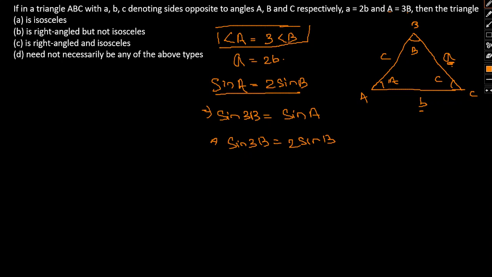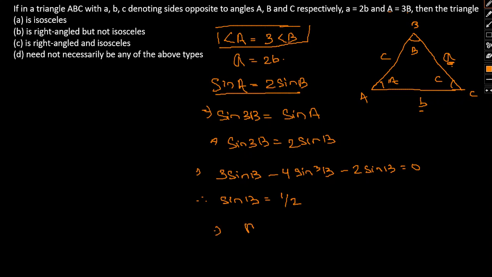Now if we further expand, we can write 3 sine B minus 4 sine cube B minus 2 sine B equal to 0. So therefore sine B will be equal to 1 by 2, that is B will be 30 degrees, A will be 90 degrees and C will be 60 degrees.